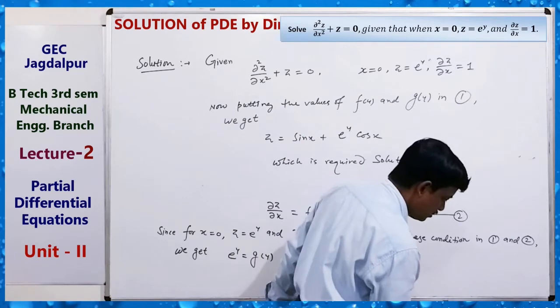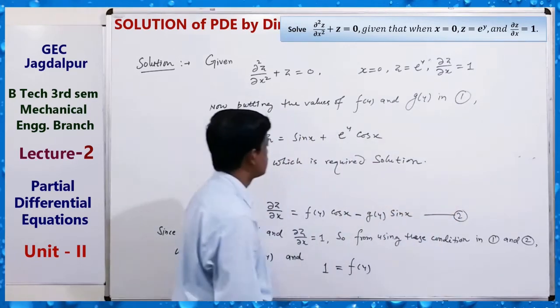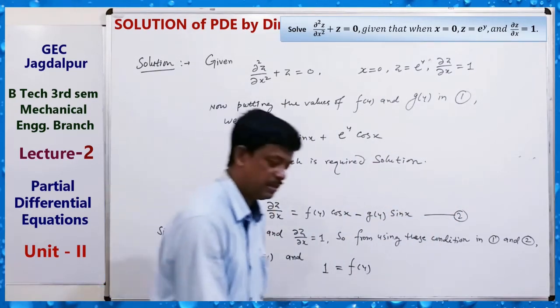Okay, e to the power y cos x sin x plus e to the power y cos x z.